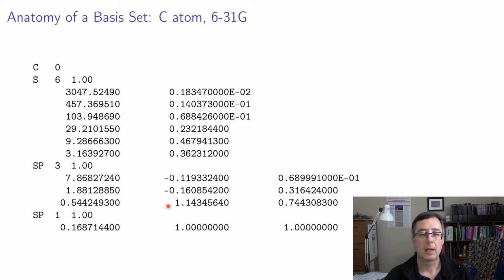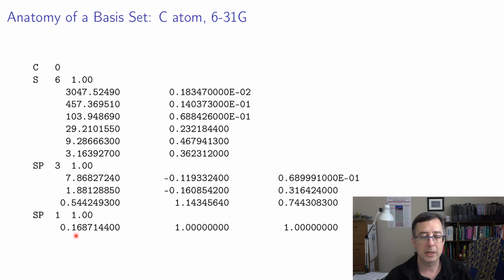Okay? And the 2p will be the same exponent functions, Gaussians, but with a different linear combination of them, a different mixing of them. And because it's double zeta, I need a doubling of the functions to describe the 2s and the 2p. So that's what this final line is for. Here is another 2s function. If you like, you could call this one 2s, and call this one 2s prime or something.